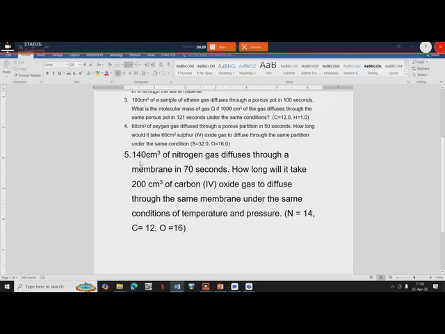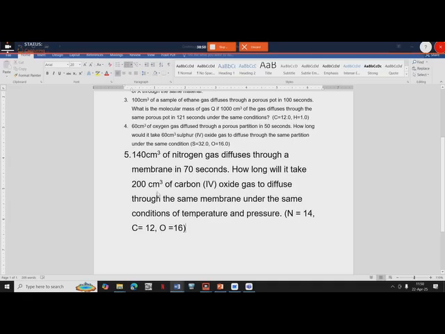So 140 cannot be compared with 200. That means for us to be able to compare the rate of diffusion of nitrogen gas with that of carbon dioxide, lazima tuwe na equal volumes of gases. So I'm given the volume of carbon dioxide, which is 200, and the volume of nitrogen gas, which is 140. We must keep the volume constant.